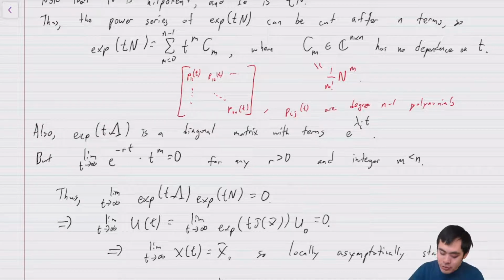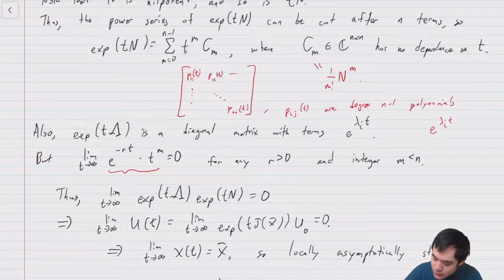And so all the terms are going to be of the form e to the lambda i t times some polynomial pij of t, and so on.